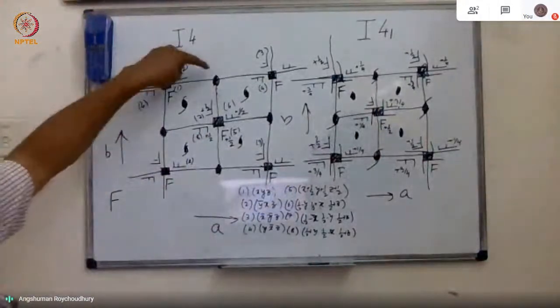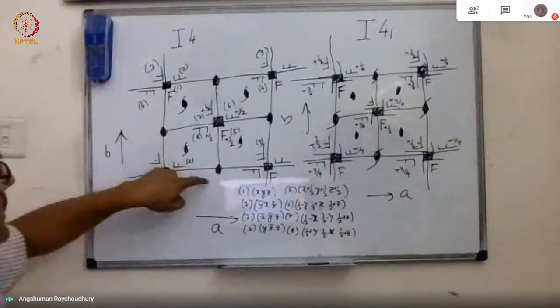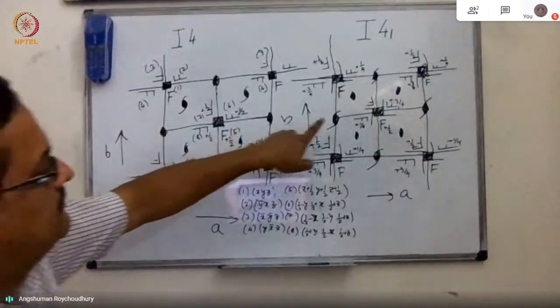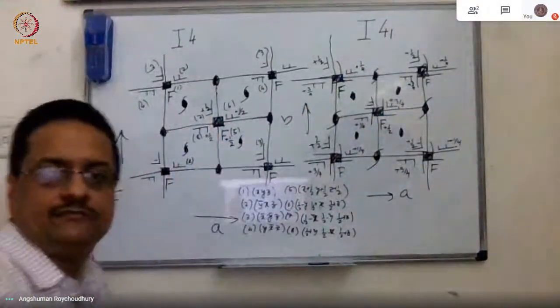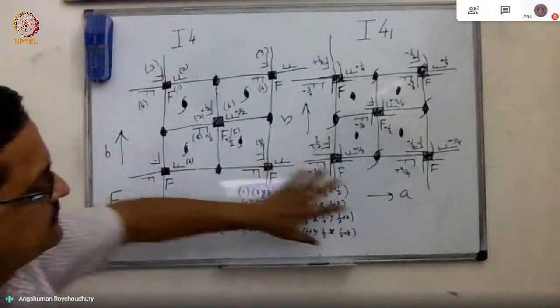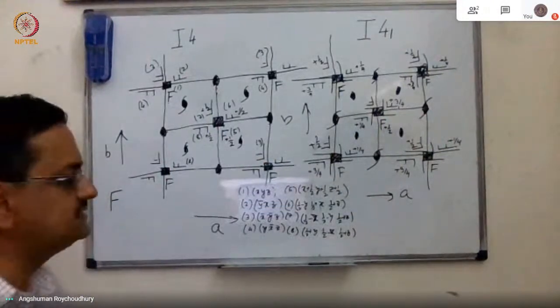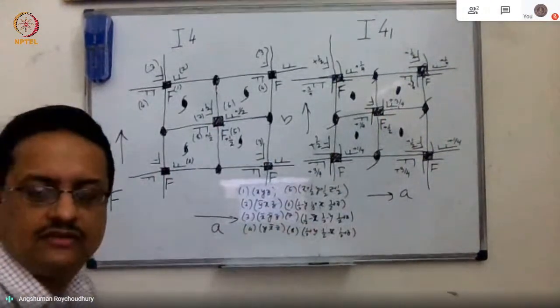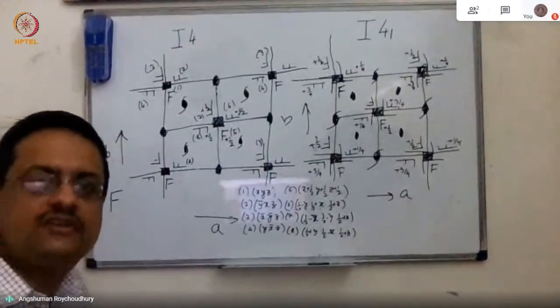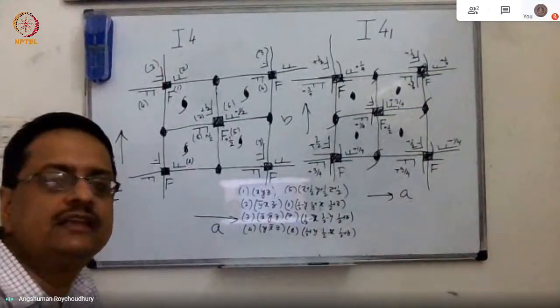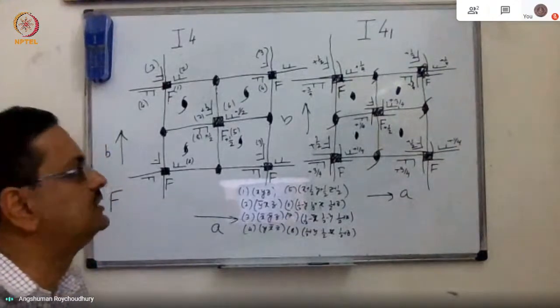And in this case, you have twofold at the edges, whereas here at the center of the edge, you have 2_1. And I leave it to you to determine the equivalent points just like this. So you do it yourself and check with the textbook. I'm sure you will be able to identify the equivalent points for I4_1.